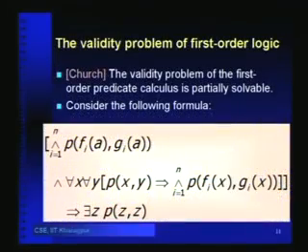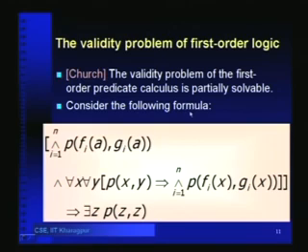We will not go into the details of the validity problem of first order logic, but we will just get a glimpse or try to see why this becomes so difficult. So, with this example I will show you why this becomes difficult, but I also encourage you to study Church's proof of the fact that the validity problem of the first order predicate calculus is partially solvable.